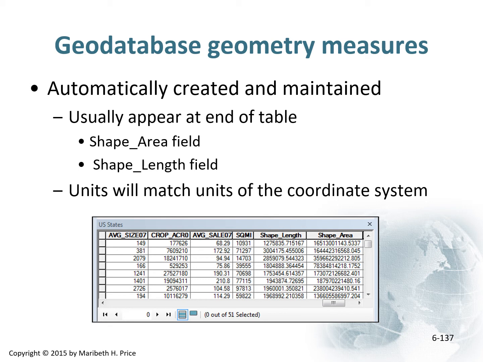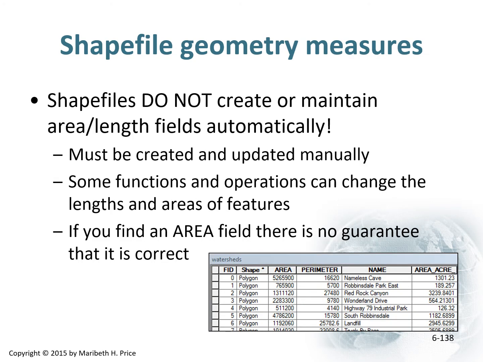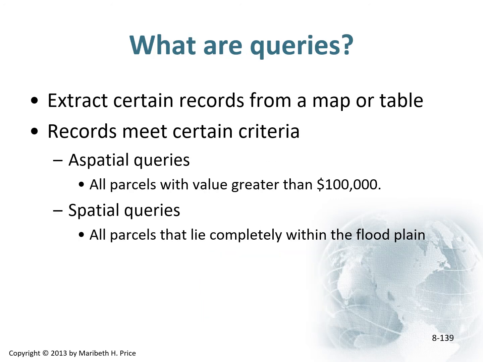Every other instance where you have a field that identifies area or length in any fashion, in any format of any data, will not be updated automatically. So assume all area and length measurements are incorrect and need to be updated. Shapefiles, nothing gets updated automatically.